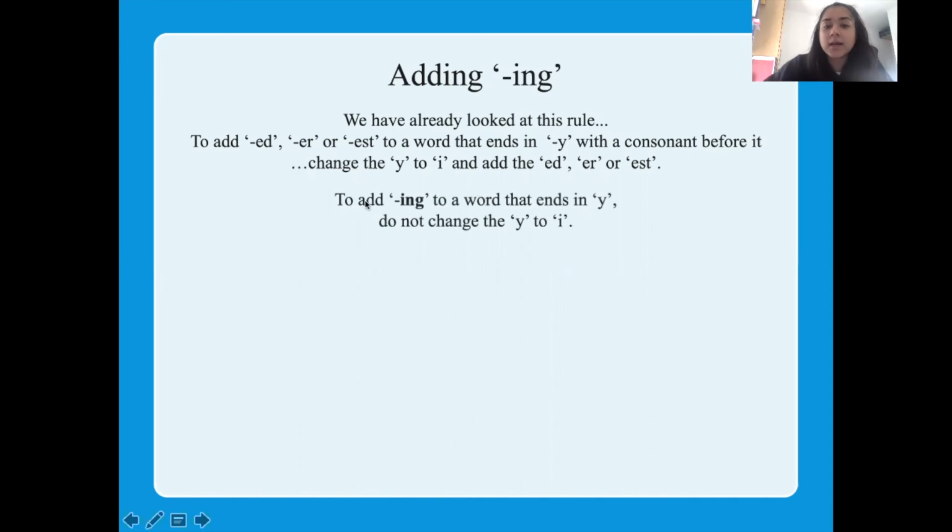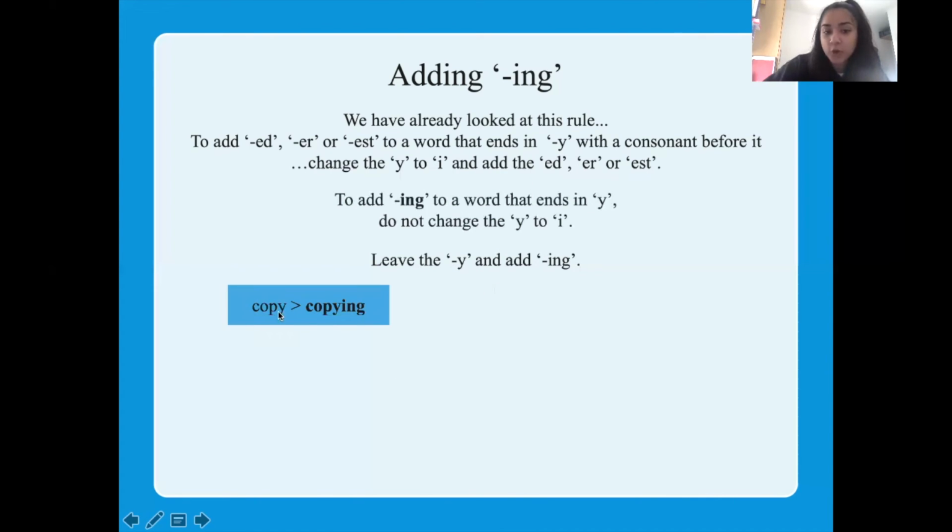Now, when we add ing to a word that ends in y, we do not change the y to an I. What do you think we do instead? Well done. We leave the y and we add ing. So there's nothing you need to change, you just add ing.